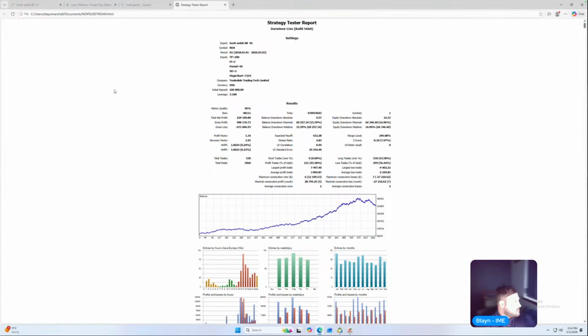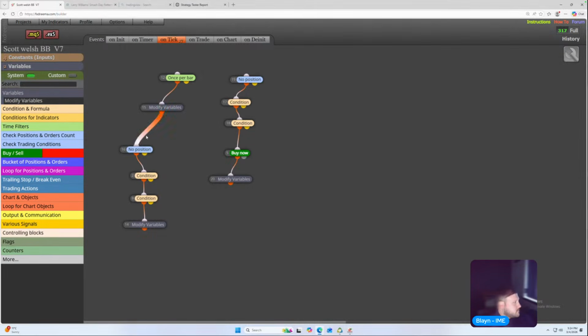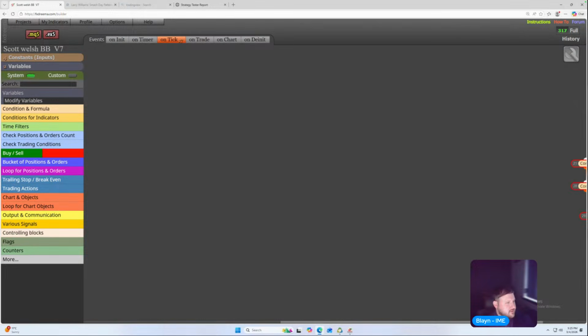It should be small enough. 1, 2, 3, 4, 5, 6, 7, 8, 9, 10. Yeah, it's not quite within the free version, I don't think, because it's only 10 blocks.